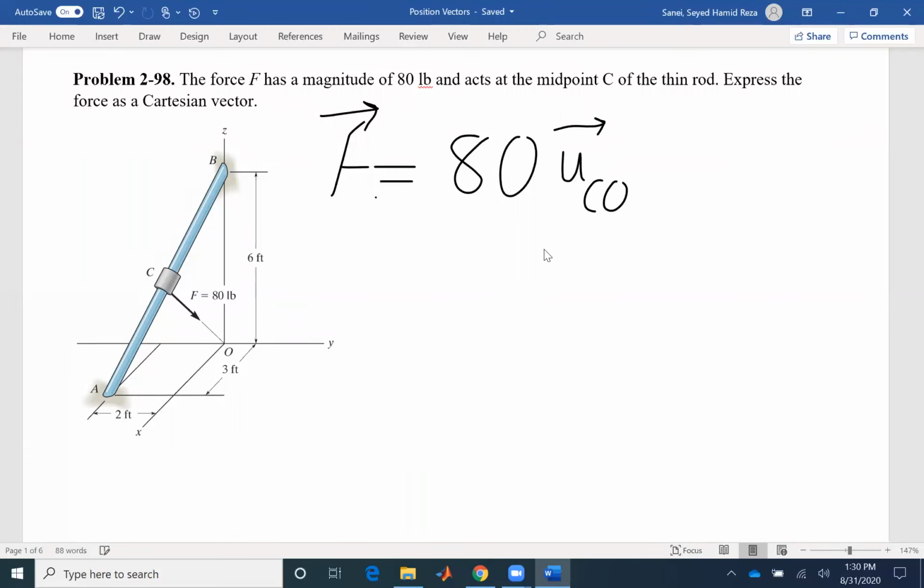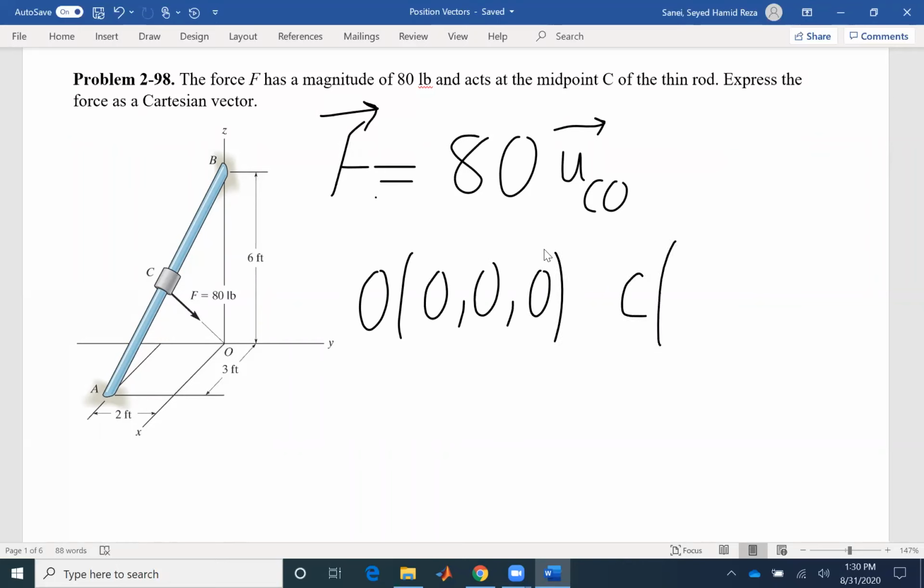Here I'm going to write the coordinate system for you to make it easier. Point O, what's the coordinate of point O? It's at the origin, so it's 0, 0, and 0. What's the coordinate of C? The X coordinate is between A and B, so it's halfway there, so it's 1.5.